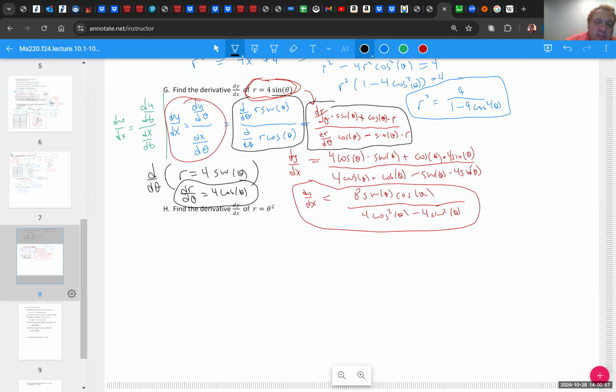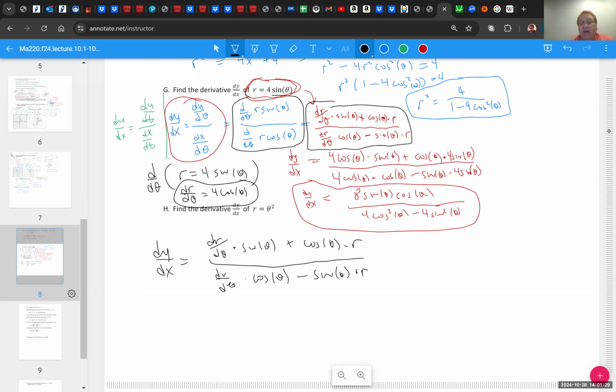So we know that dy dx, no matter how many steps you want to show, is going to be dr d theta times sine plus cosine theta times r over dr d theta times cosine plus, no, minus, right? Because we have a minus there, minus sine theta times r.